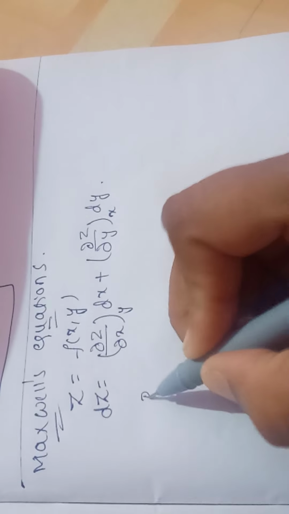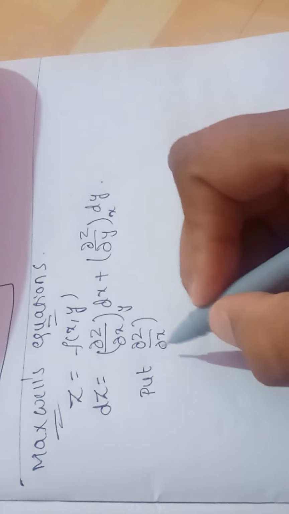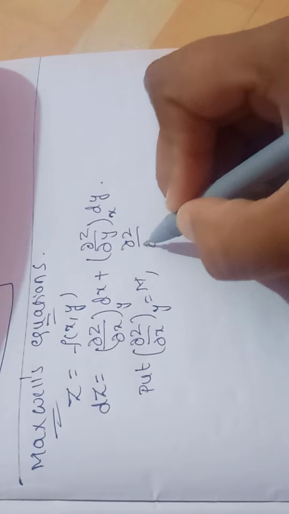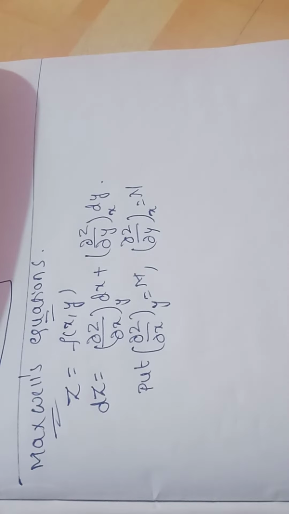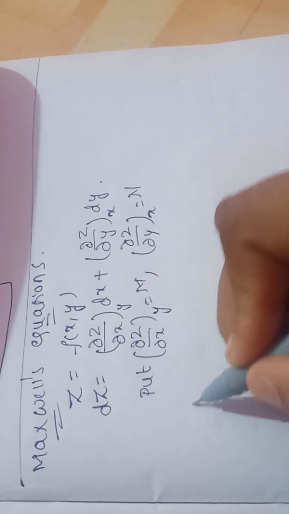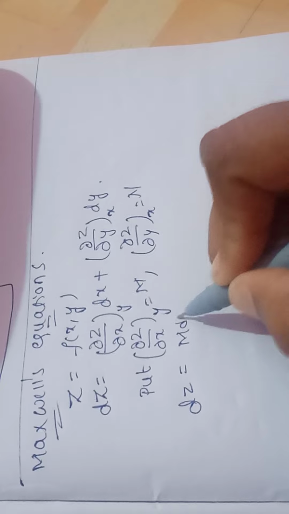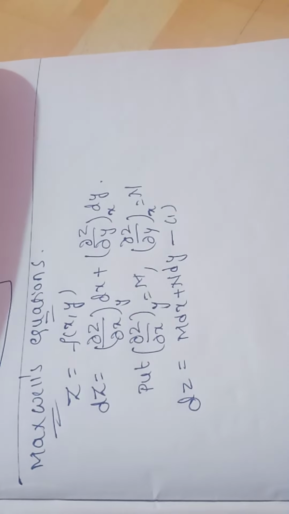Now in place of dou z by dou x at y I am placing M, and dou z by dou y at x I am placing N. So now the equation turns out to be dz equal to M dx plus N dy. Let it be equation 1.